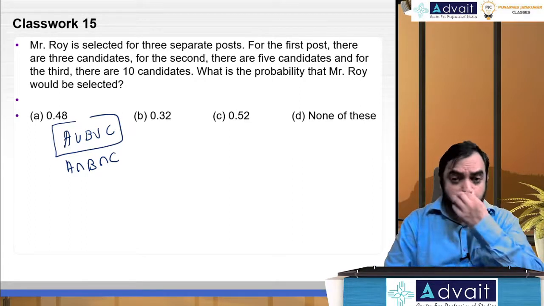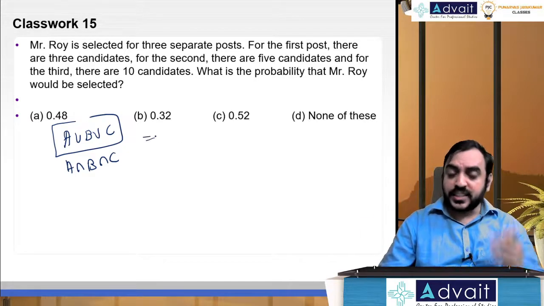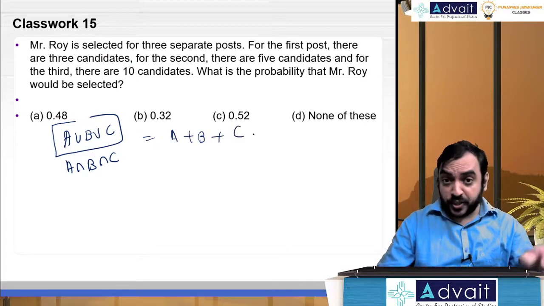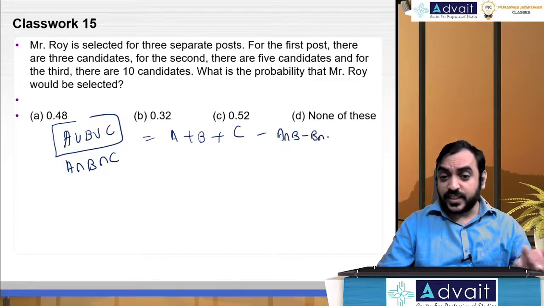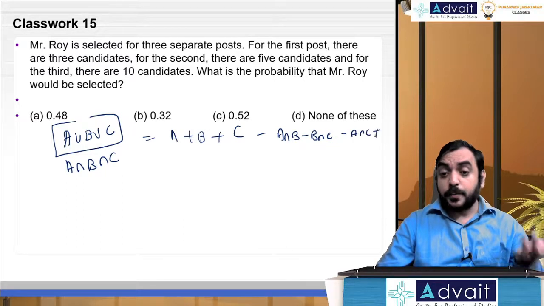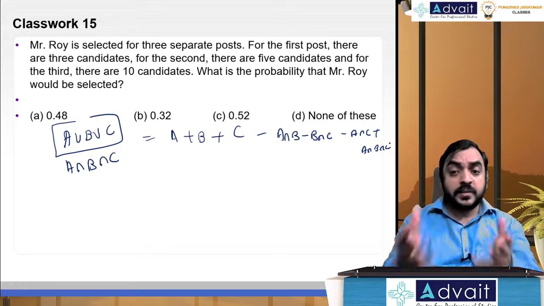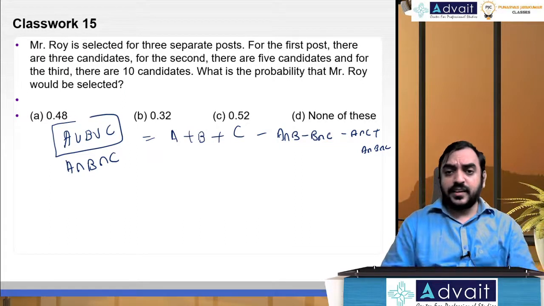And then the question comes, three sets formula, set theory. Three sets formula is probability of A plus probability of B plus probability of C minus A intersection B minus B intersection C minus A intersection C plus A intersection B intersection C. And intersection elements are not given. We only have three posts, and three candidates means probability is 1 by 3.